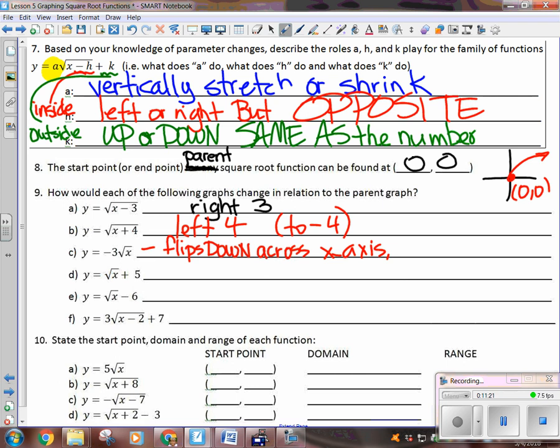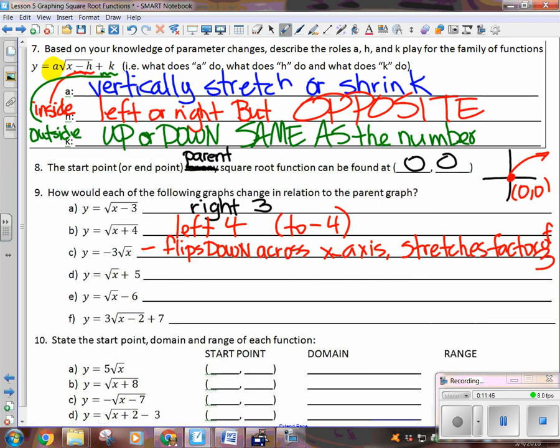Does it stretch or does it shrink? It stretches by a factor of 3. It shrinks if it's smaller. Basically, instead of going over 1 and up 1, we're going to come over 1 and up 3. So we're going to stretch it higher than normal.